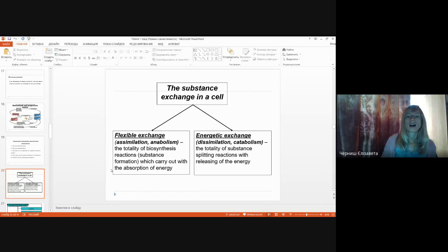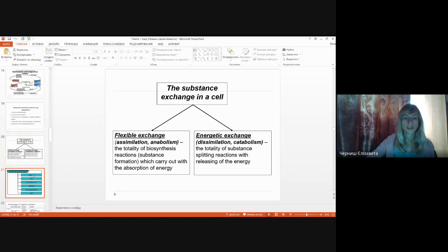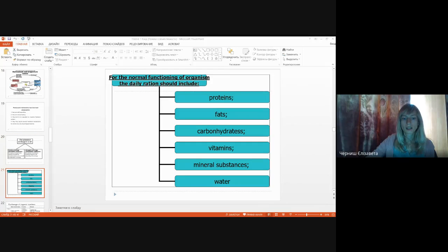Yes, and in our organism, it's very important to provide very good function of our organs, and you can see that for the normal function of the organism, the daily ration should include different types of nutrients.